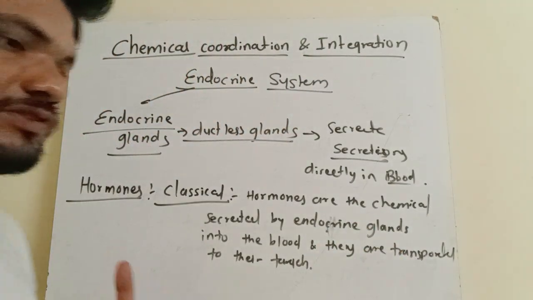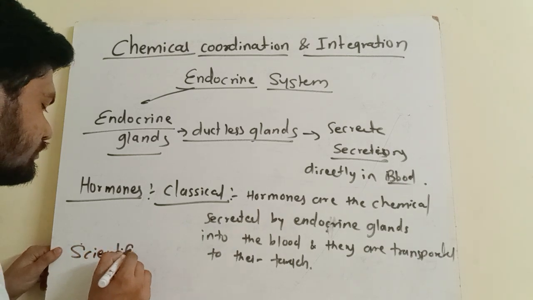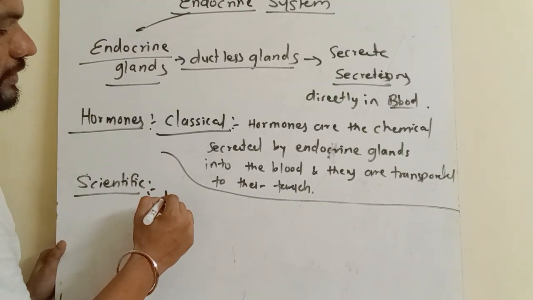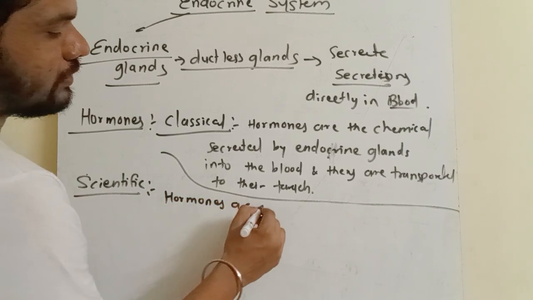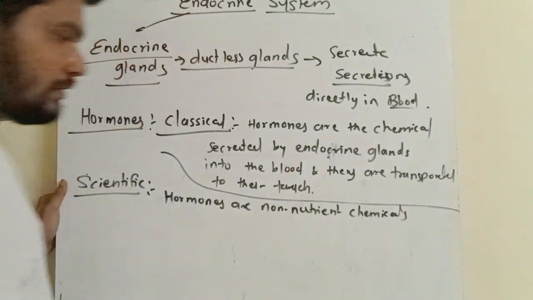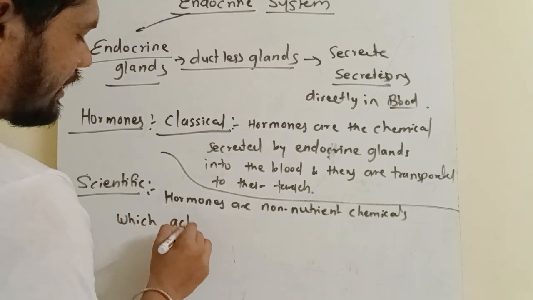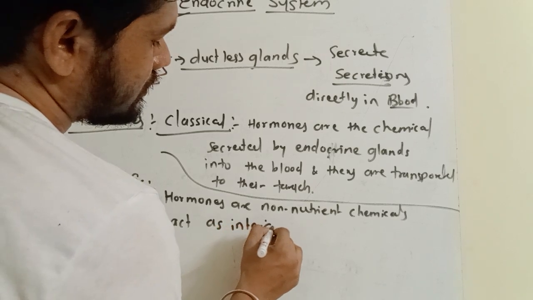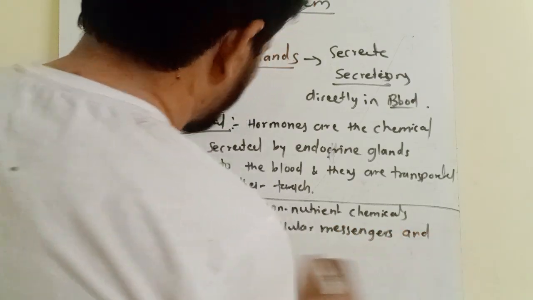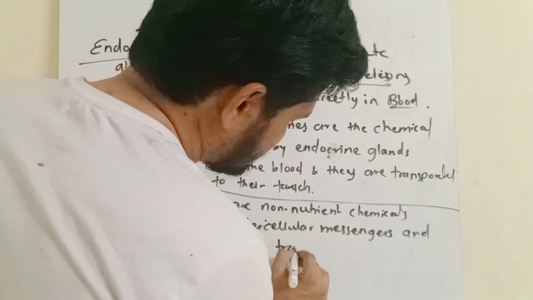There is a scientific definition which we are using currently. According to it, hormones are non-nutrient chemicals which act as intercellular messengers and are produced in trace amounts.